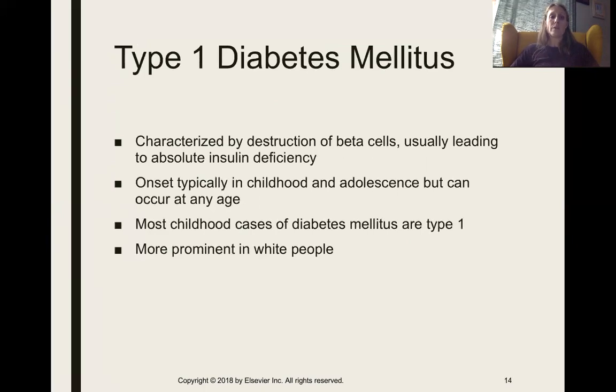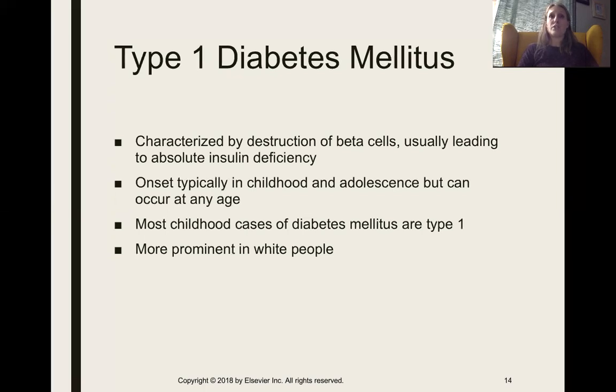So with type 1 diabetes, we have a complete dependence upon insulin. Type 1 and type 2 used to be referred to as insulin-dependent diabetes and non-insulin dependent diabetes.